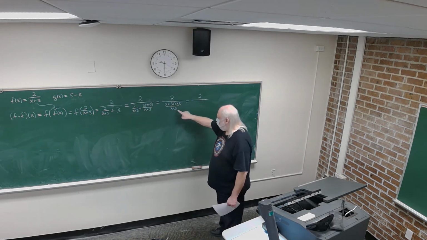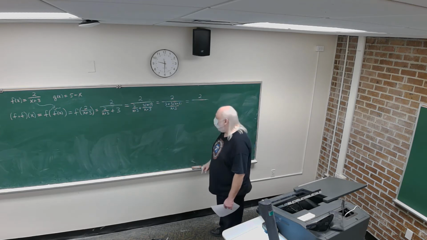Now we got this fraction in the main denominator. So we got to distribute the 3 inside the parentheses, and we get 3x plus 9.